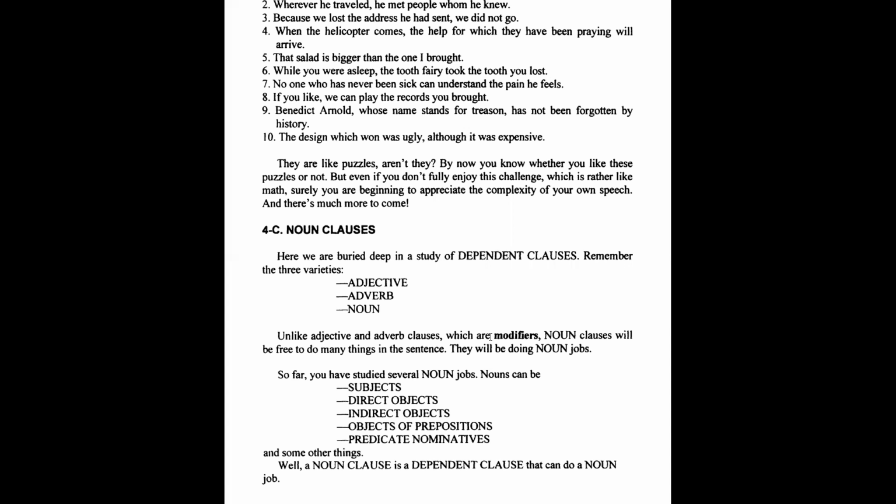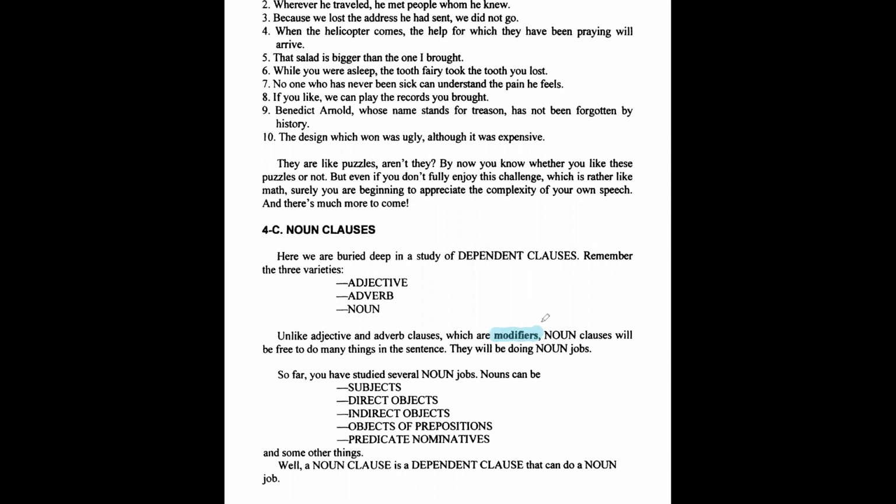Unlike adjective and adverb clauses, which are modifiers, meaning that they give us more information about other words, if it's an adverb, it modifies other adverbs, adjectives, or verbs. If it's an adjective, it modifies a noun.